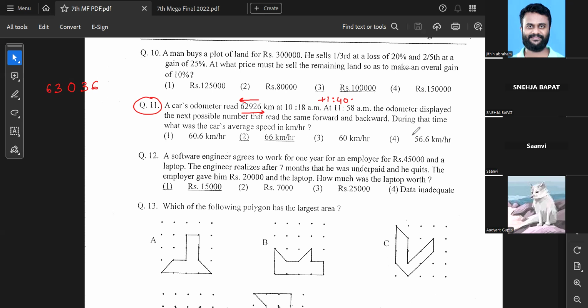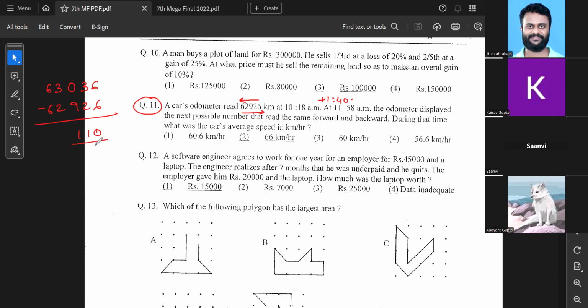So during that time, what was the car's average speed? First we'll have to find how much distance it has covered. 63036 minus 62926 is 110.